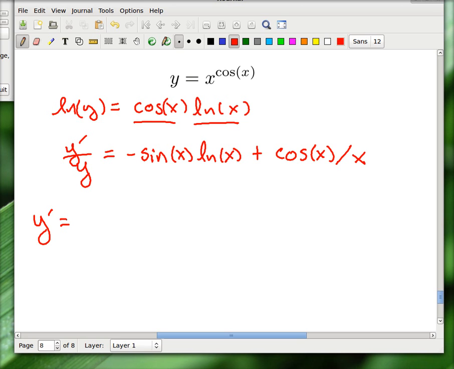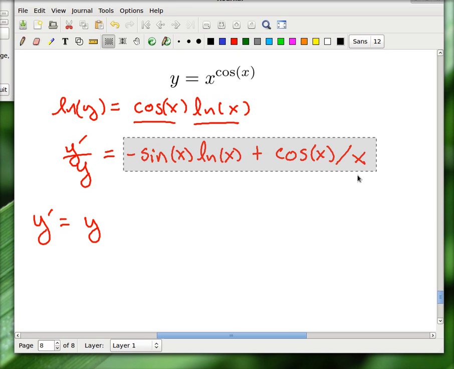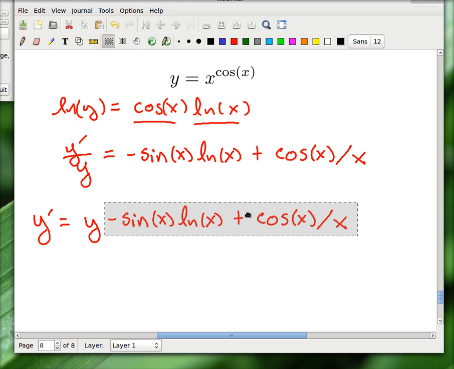So y prime is equal to y times that stuff. So what I did is I multiplied both sides by y.